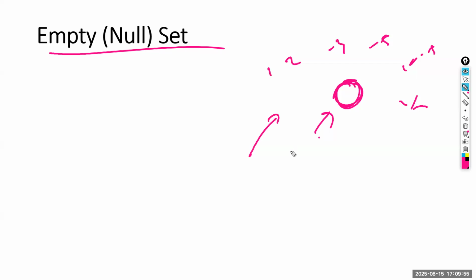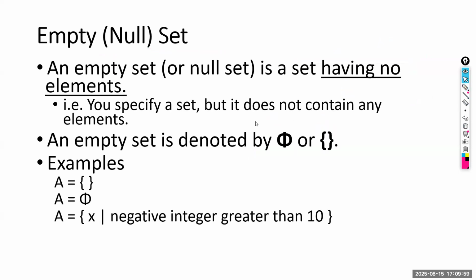Right. So therefore, what is empty set? A set having no elements. Simple as that. So that means there must not be any elements. For example, I can say integers between 1 and 5: 1, 2, 3, 4, 5. Then what about negative integers between 1 and 5?